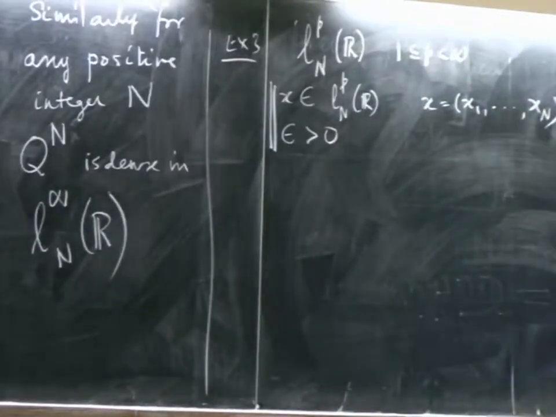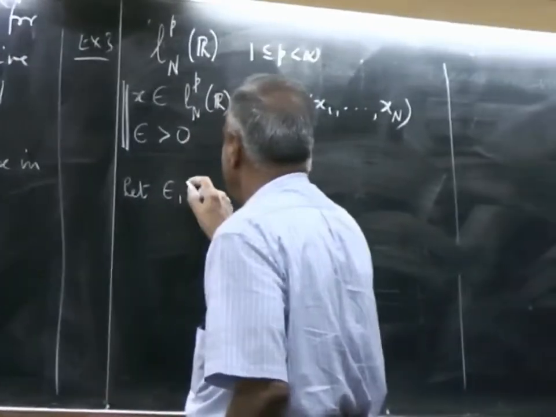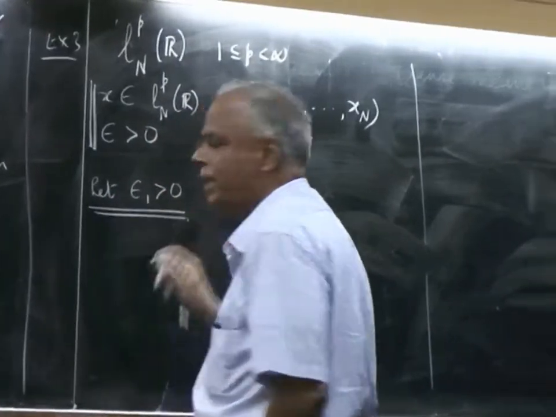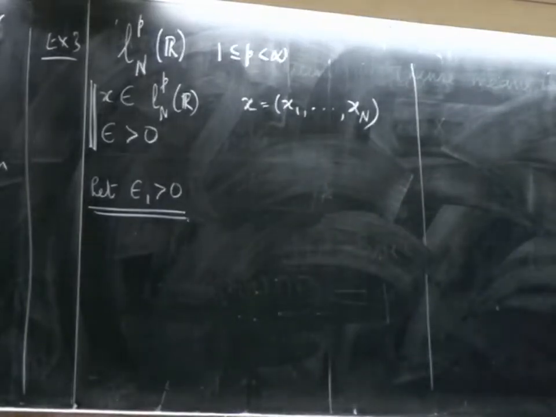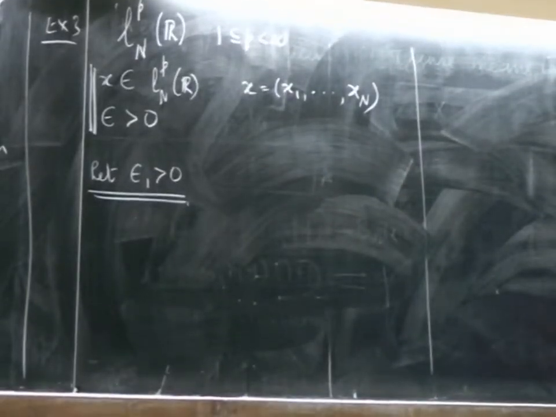What should we do? Again we must look for a set from which I can approximate this fellow within that error epsilon. Same arguments we will do now. So we will now have to do a bit of adjustment. Take any other error which is convenient to us. We will adjust later what error we are going to adjust to.